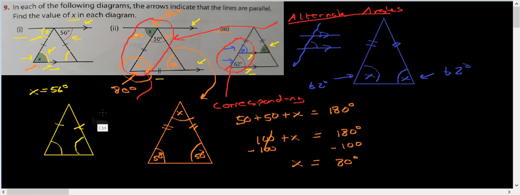What else do we have? Again, these ones here would also be alternate angles as well. Okay, so that's how you do those questions. Again, what I would encourage you to do is pause the video, go back, have a look at them, and make sure that you're able to answer those types of questions.